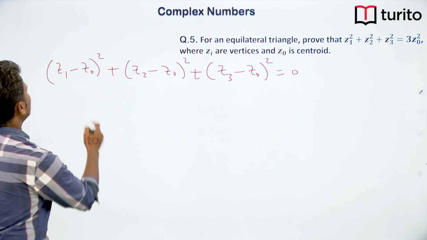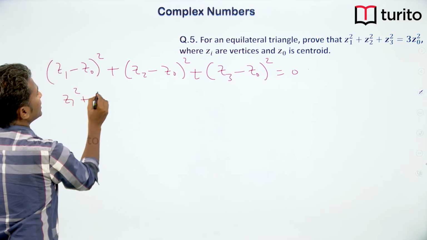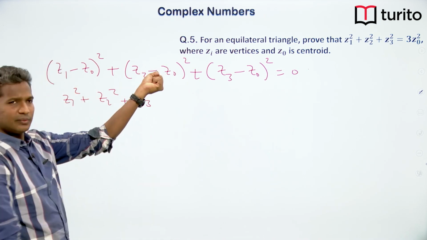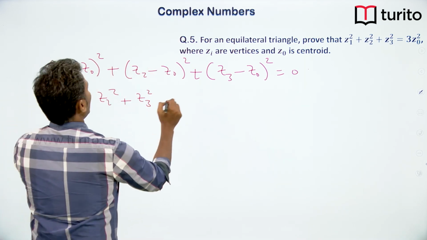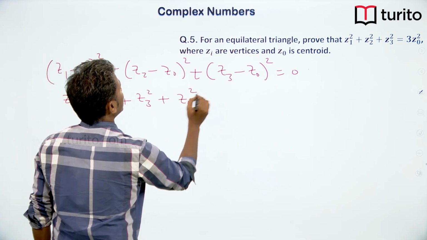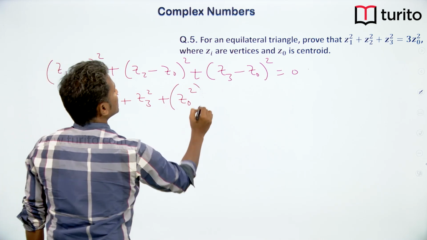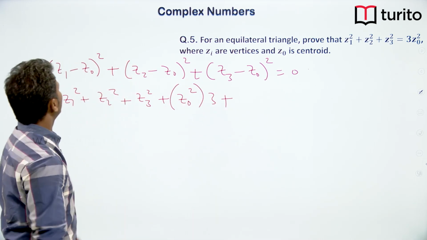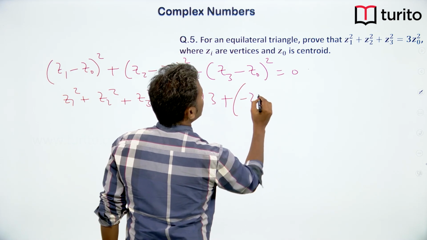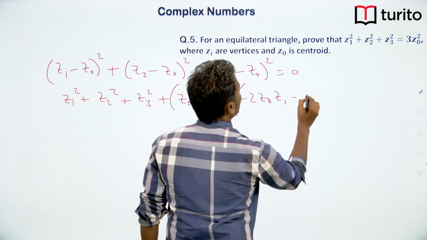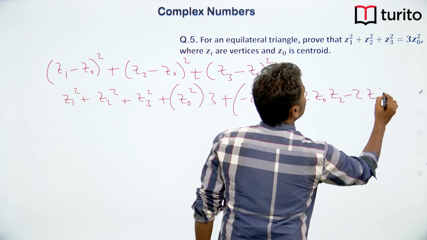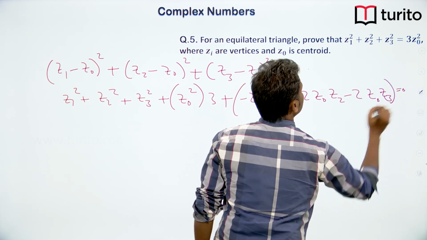Now if I simplify this, I get Z1 square, Z2 square, Z3 square. I have taken all squares from the first term, and then there is Z0 square, which also comes from 3 factors, so it is 3 Z0 square, and the remaining terms look like this: minus 2 Z0 Z1, minus 2 Z0 Z2, minus 2 Z0 Z3, and this is equal to 0.